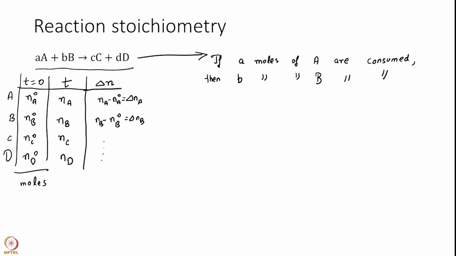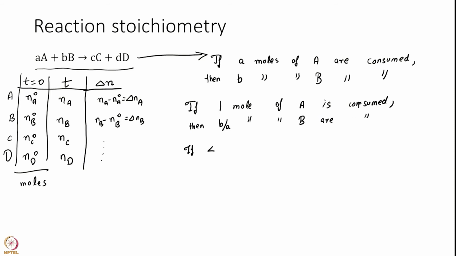So, I want to find out how many moles of B will be consumed if delta Na moles of A are consumed. So, we do it in a simple fashion. If 1 mole of A is consumed, then b over a moles of B are consumed, it is all linear, simple.